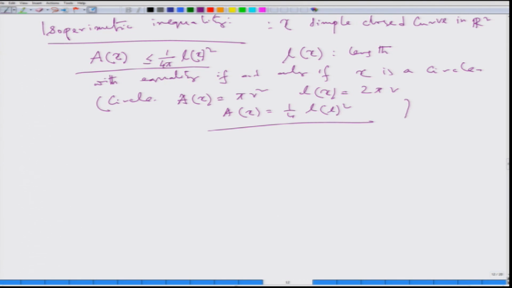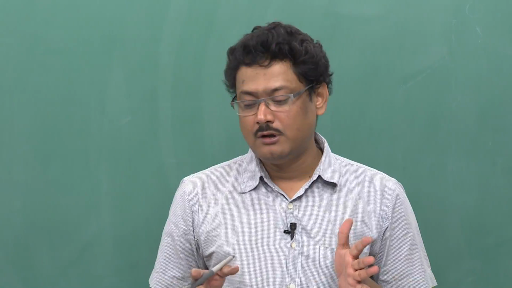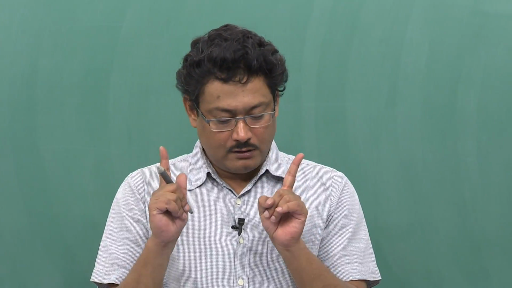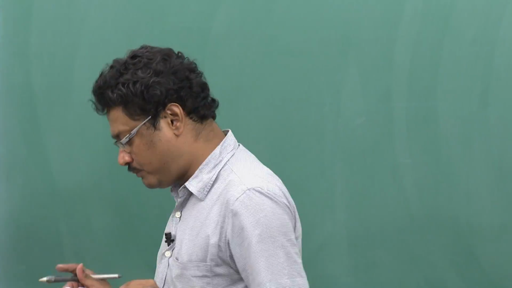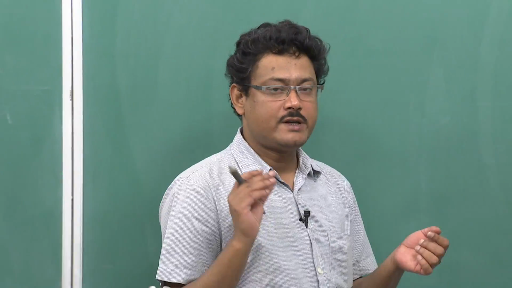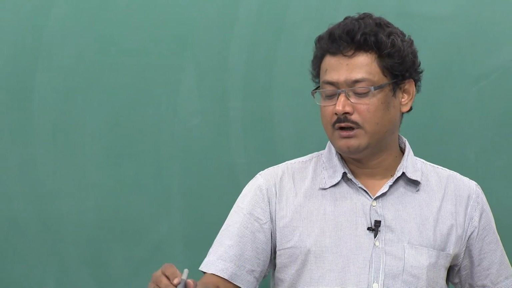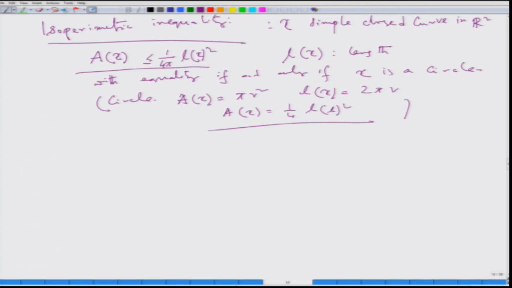It is read in some layman's way that among all simple closed curves with a fixed perimeter, the circle has the largest area, because then it will be equality, otherwise all the curves will have less than or equal to. Okay. So, for the rest of the lecture I will prove this isoperimetric inequality.